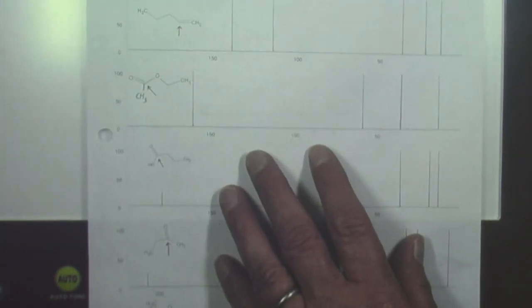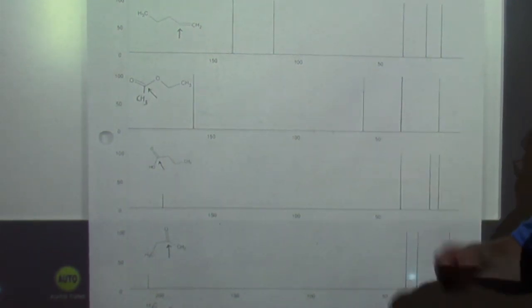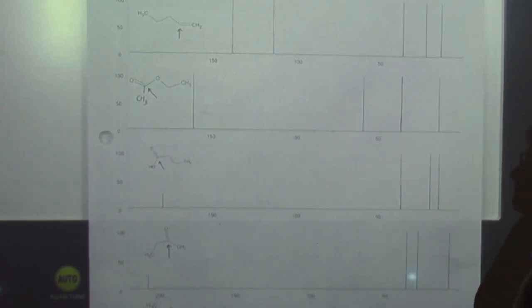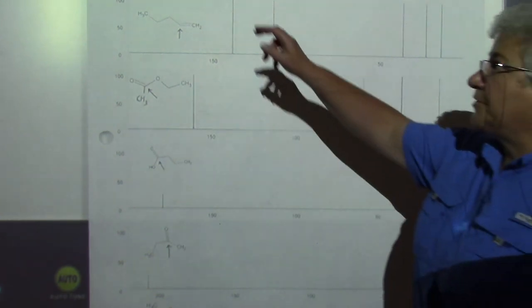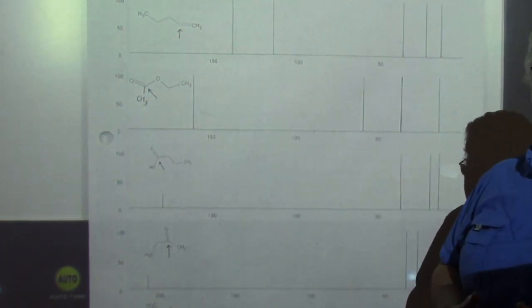The next handout that you have is really just more examples of that for you. What I did in each one of these molecules is put a little arrow next to the carbon that is furthest downfield. So in the first case, again, this is your functional groups, you have an ether molecule.